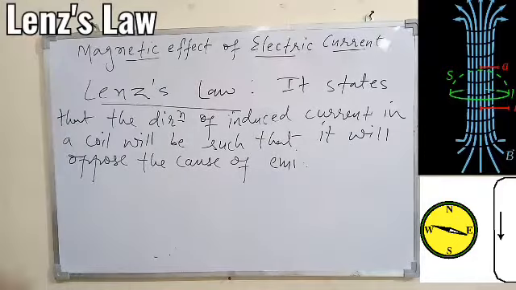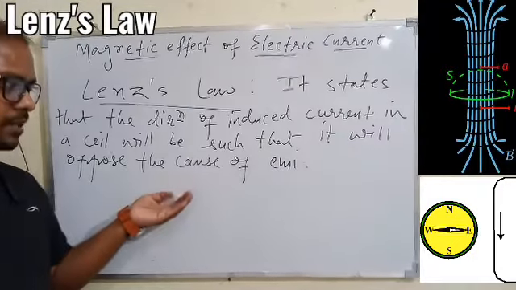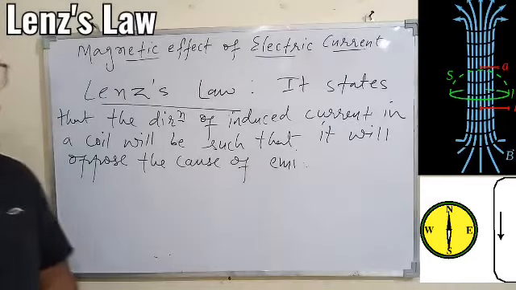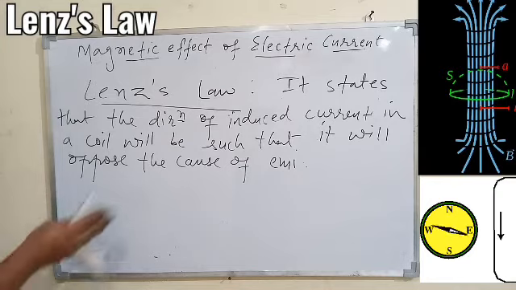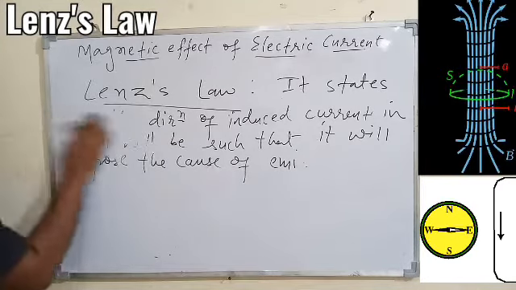The cause, if you have a magnet, the magnet is the cause, of EMI, electromagnetic induction. So this is the concept we have, and based on this we can have the diagram.